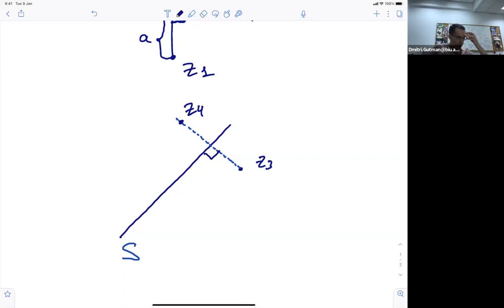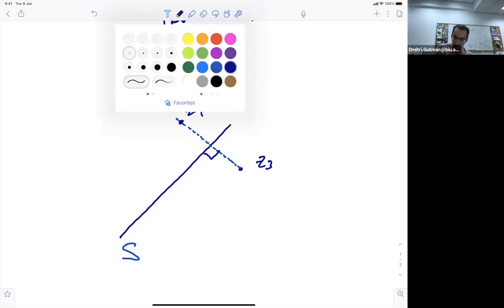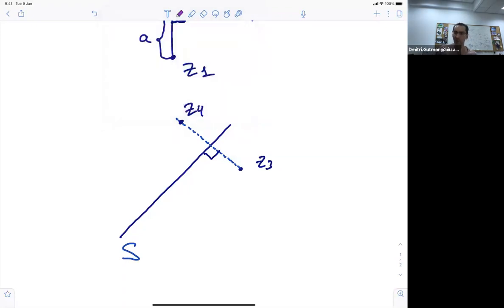Now, please note that if I draw a circle, let me draw a circle that passes through both points Z3 and Z4. So that's a circle.